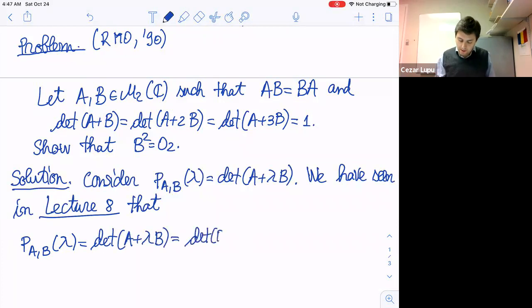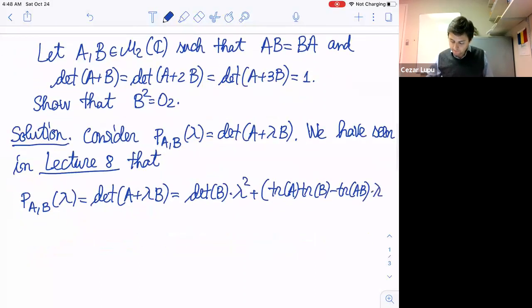The determinant of B times lambda squared, and now I'm going to have a plus this quantity here, very important quantity, trace of A times trace of B minus trace of AB, times lambda. And the free coefficient will be nothing else than just plus the determinant of A. So we have this way of writing it.